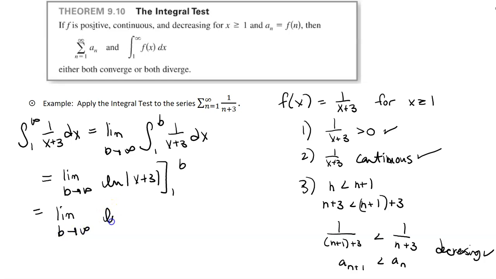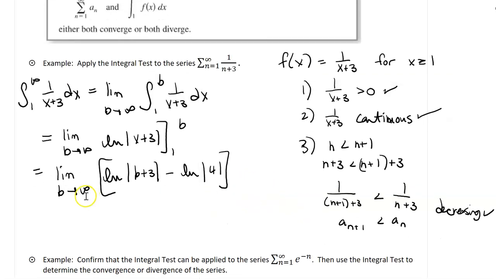So we're going to have the natural log of the absolute value of b plus 3 minus the natural log of the absolute value of 1 plus 3, so that's 4. And if we plug in b going towards infinity, this is going to be infinity because natural log is increasing to infinity, minus a constant. So this thing is equal to infinity, and this integral diverges.